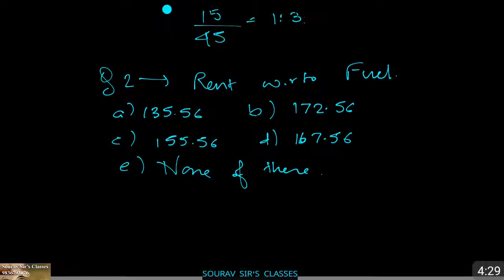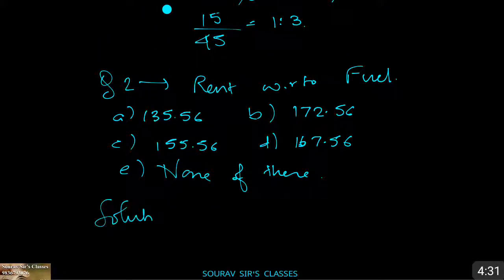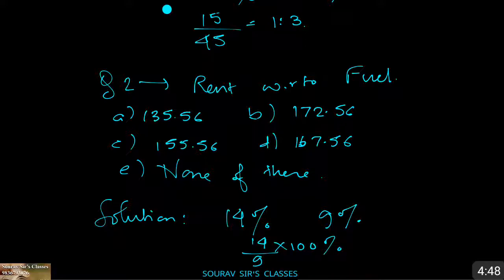So, the solution. Expenditure incurred on rent is 14% and expenditure incurred on fuel is 9%. Therefore, required percentage is 14 divided by 9 into 100%, which is equal to 155.56%.